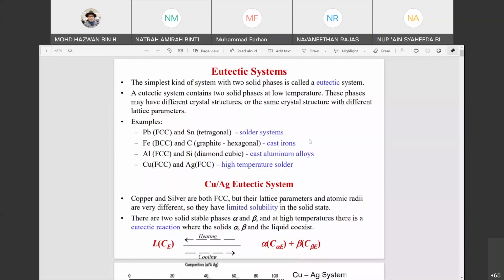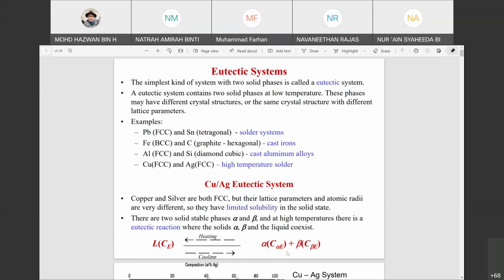Over here you will see the eutectic reaction has a double-headed arrow that explains the heating process. If you have two solids and you heat them together, they form one liquid, but if you cool the liquid, it forms two solids, alpha and beta.